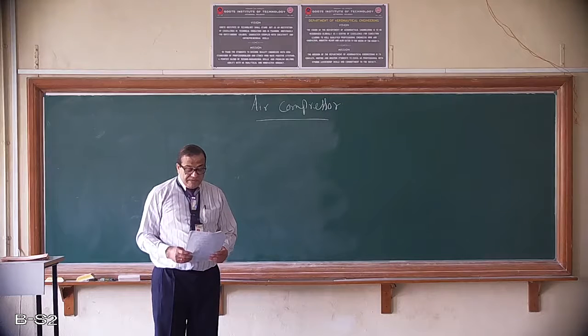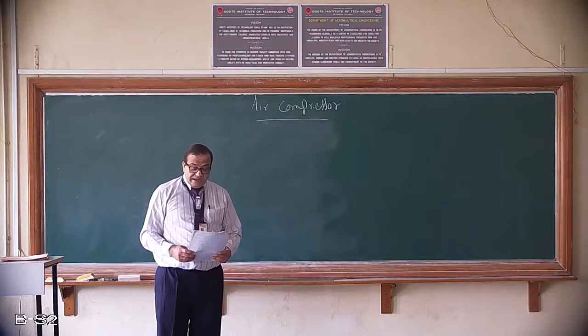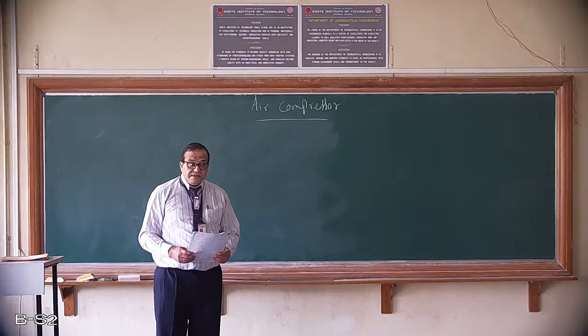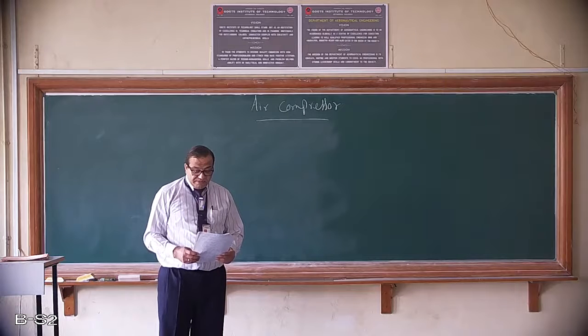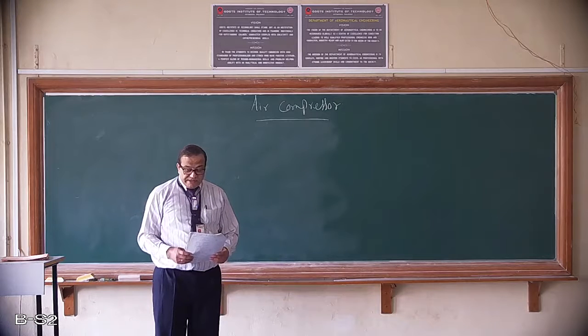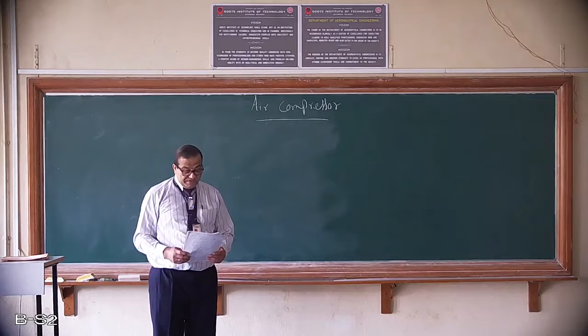It is then delivered to a receiver at a constant pressure of 10 bar. Determine the temperature at the end of compression. Second, work done and heat transfer during compression per kg of air.